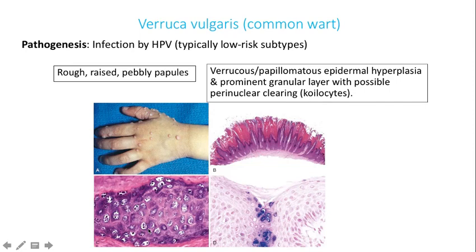These are viral cytopathic changes of human papillomavirus. We call these cells koilocytes, and they are pretty characteristic of HPV. Now, this bottom picture here is showing you in situ hybridization for HPV DNA, which is one way you can subtype the form of human papillomavirus.